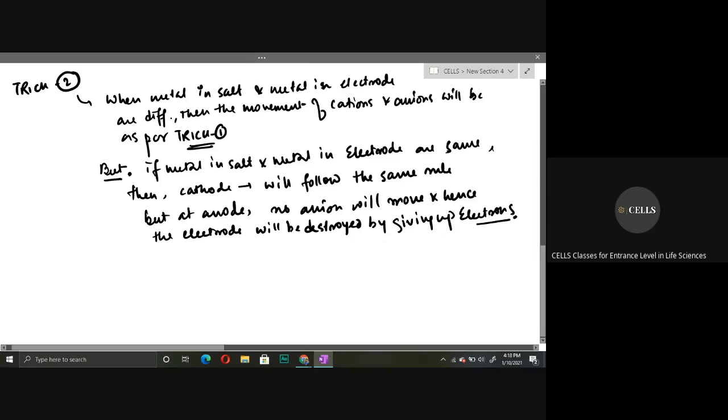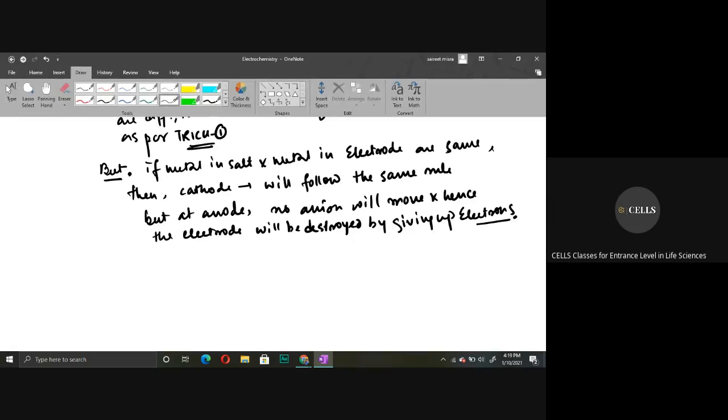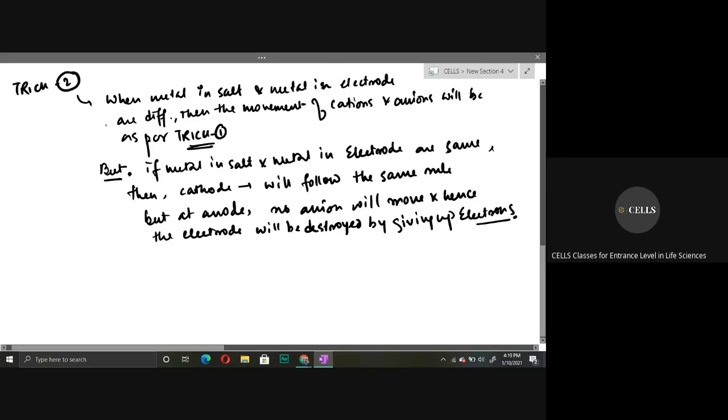Now what is the explanation of this? See this very carefully. Suppose you have this cathode and this anode, and these are platinum electrodes, and you have given a concentrated Na plus and Cl minus solution. So the sodium and the platinum are different metal ions, right?